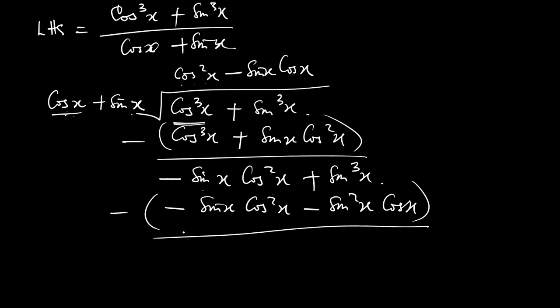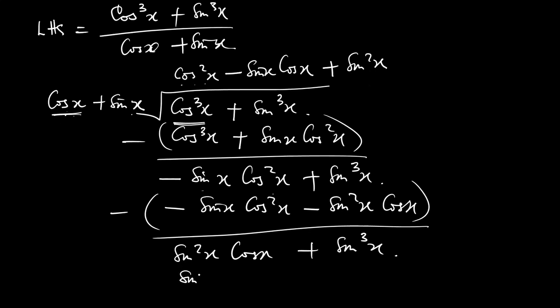Now you subtract. If you subtract, these are the same, they will cancel out. Then here it becomes plus, because minus times minus is plus. So sine square x cos x plus sine cube x. Now use this cos x to divide this, you have plus sine square x. So sine square x times cos x, you have sine square x cos x.